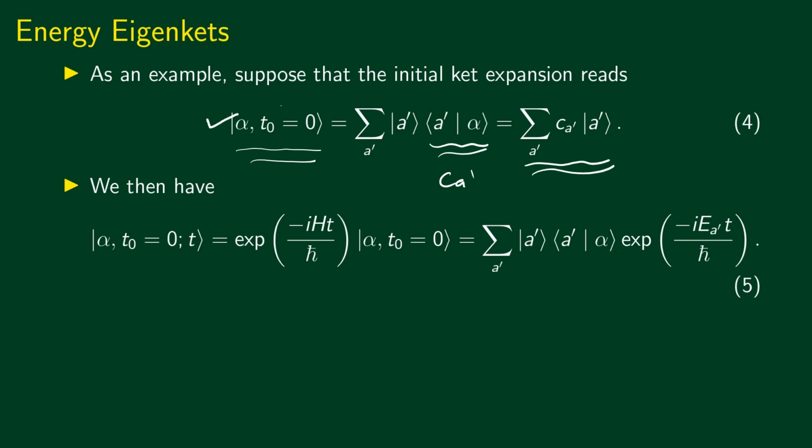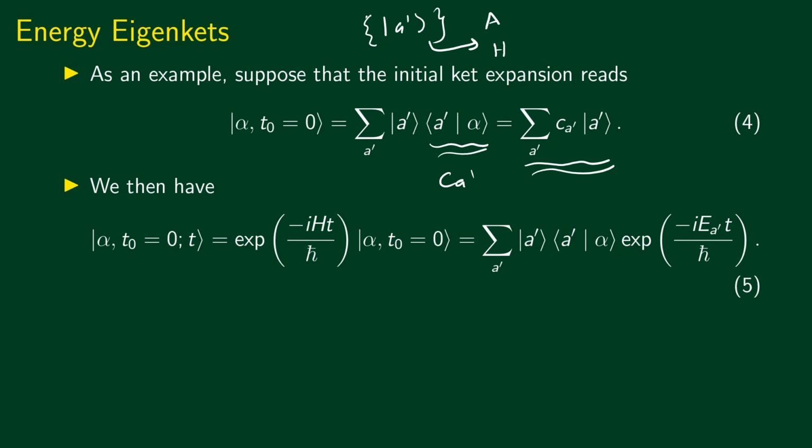What we have done here is simply expanded the given initial ket in terms of these basis vectors. And what's the specialty of these basis vectors? These are simultaneous eigenkets of operator A and operator H. This is the state at the initial time expanded in terms of the energy eigenkets.